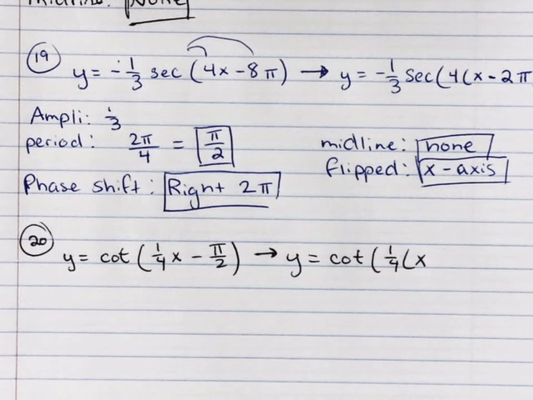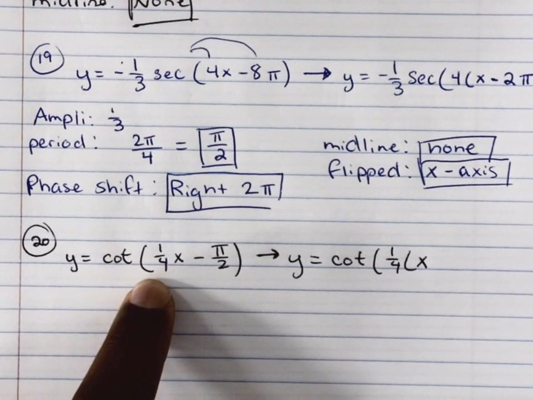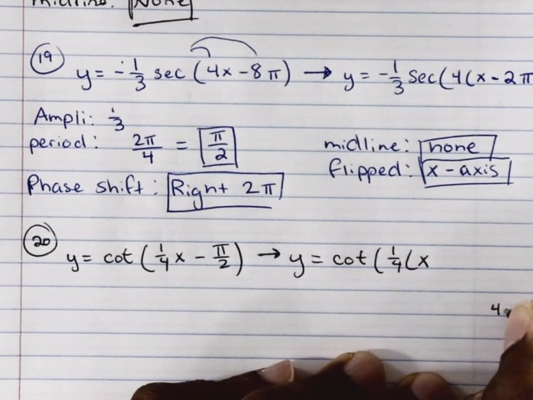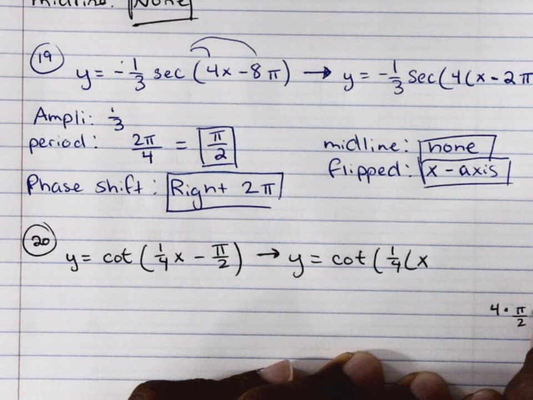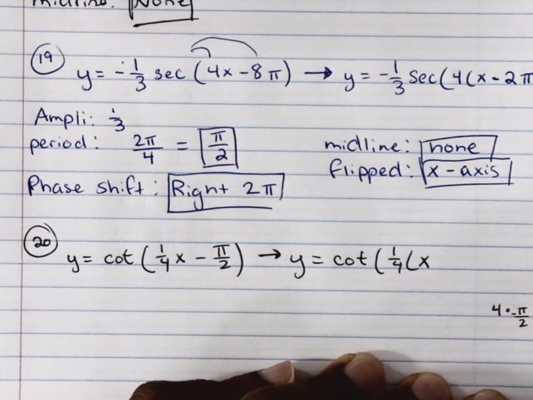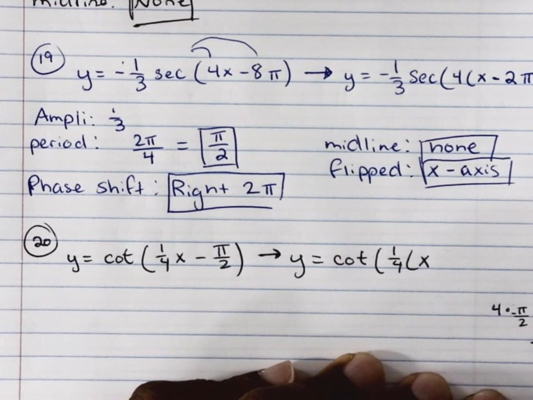That leaves x. In order to get that 1/4 to cancel away from x, I would have multiplied by 4. So we do that to negative pi over 2. So 4 times negative pi over 2 equals negative 4 pi over 2, which reduces to negative 2 pi.